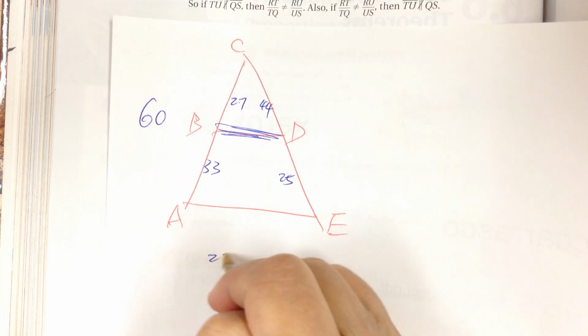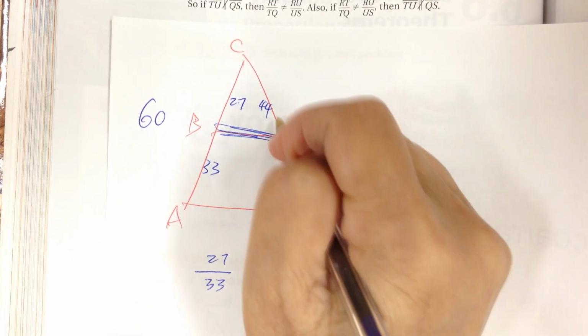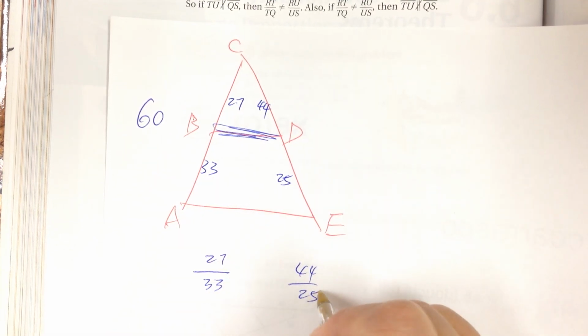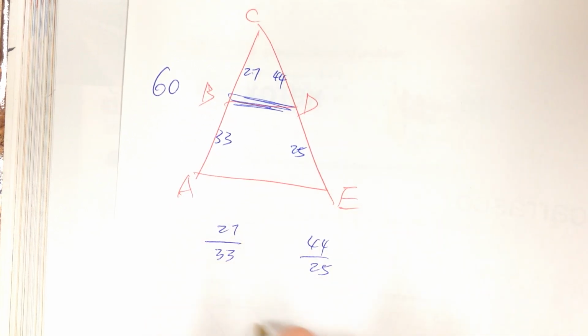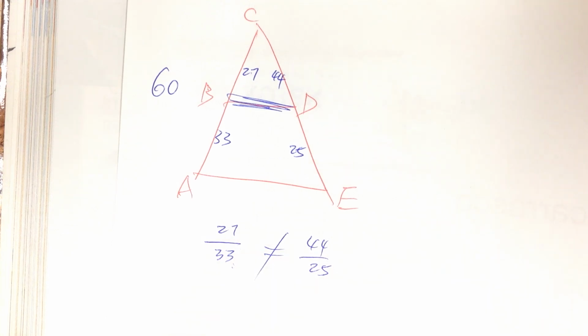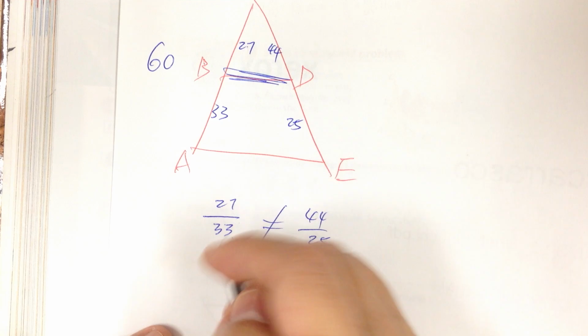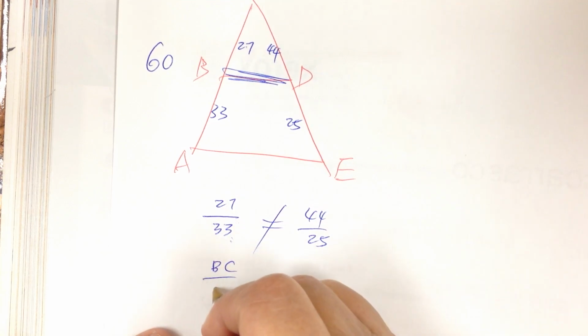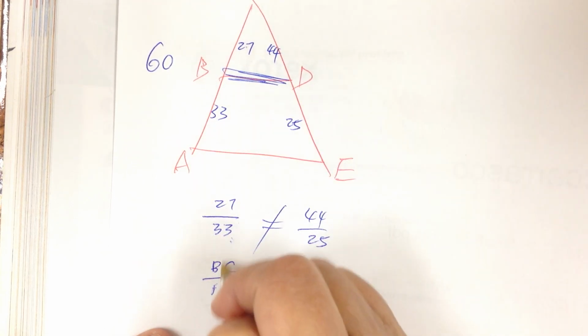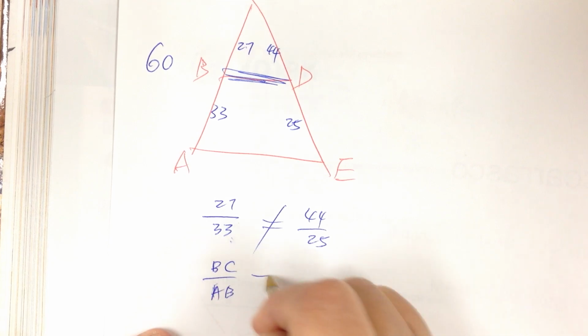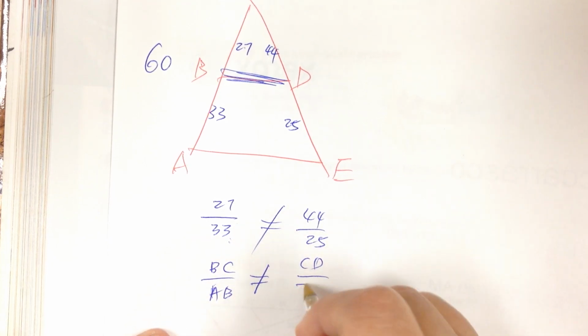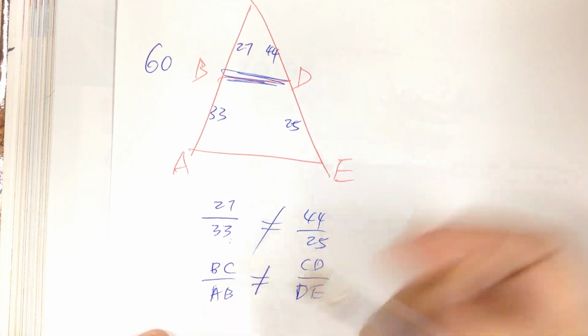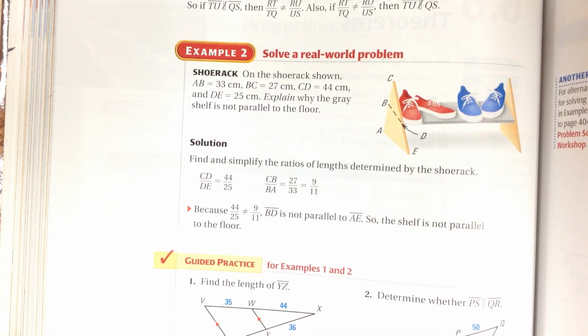So you've got 27 over 33, and this is 44 over 25. You can see there, you cannot even reduce, so they're not equal. Therefore, it's not parallel. So BC over AB is not equal to CD over DE, so therefore, it's not parallel.